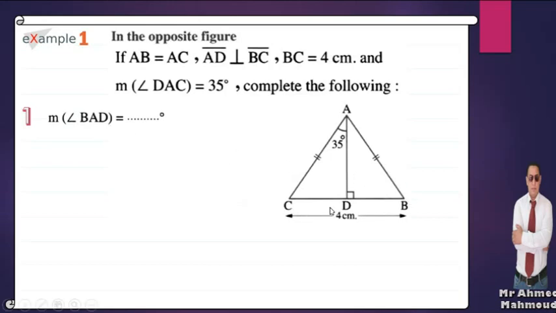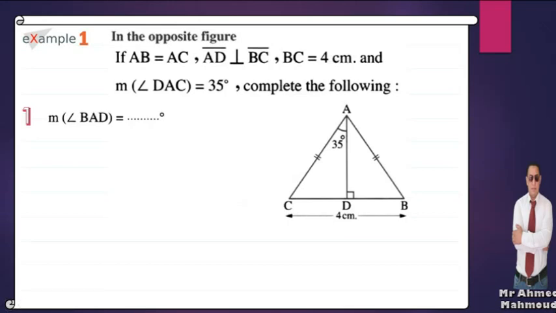The measure of angle BAD. Because we have here an isosceles triangle, and we have one of the three corollaries: this line is perpendicular to the base. Then this line is the axis of symmetry.